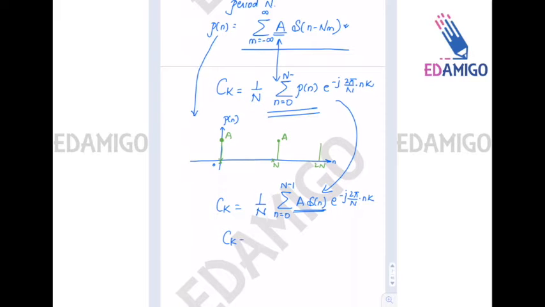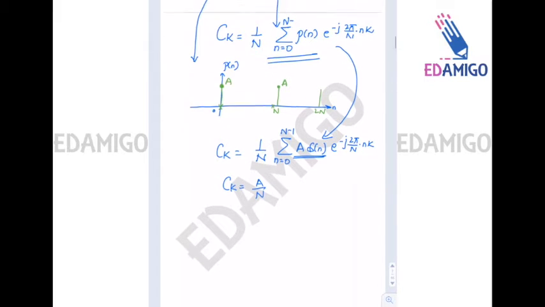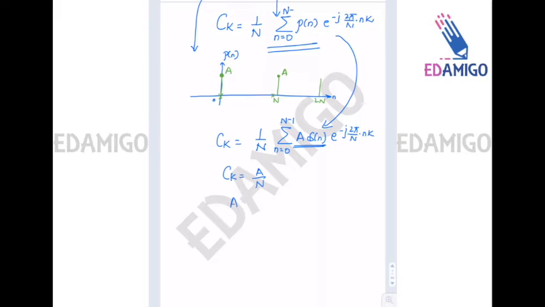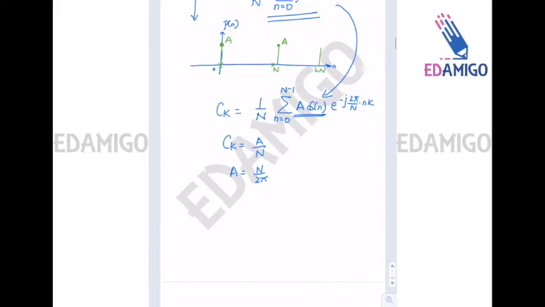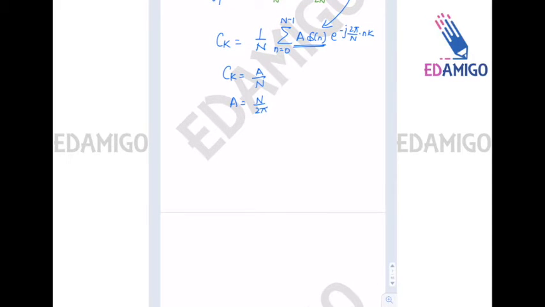So Ck is equal to capital A divided by N. Now since the Fourier series coefficients of Pn were 1 upon 2 pi, I can say that capital A is equal to N upon 2 pi. And finally, I can say that Pn is a signal that is N upon 2 pi delta n minus capital N m.